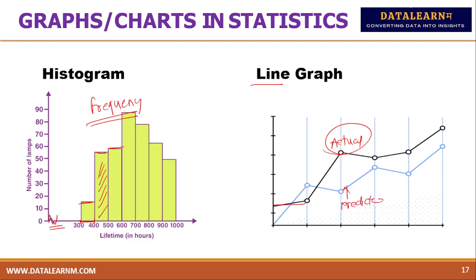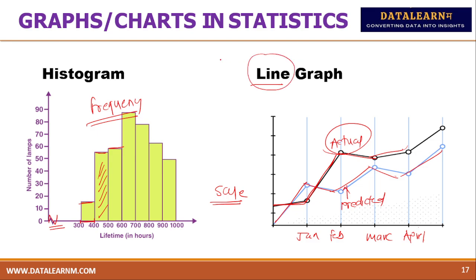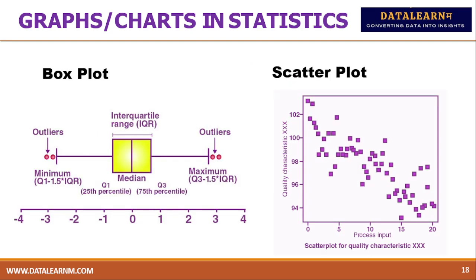Suppose these are the January sale, February sale, March, April, and these are the sale values on the y-axis. The actual sale was like this, and the prediction given by the model is like this. If you want to compare these two, the prediction and the actual values, we can use a line graph. According to our use case and our need, we can go for it.